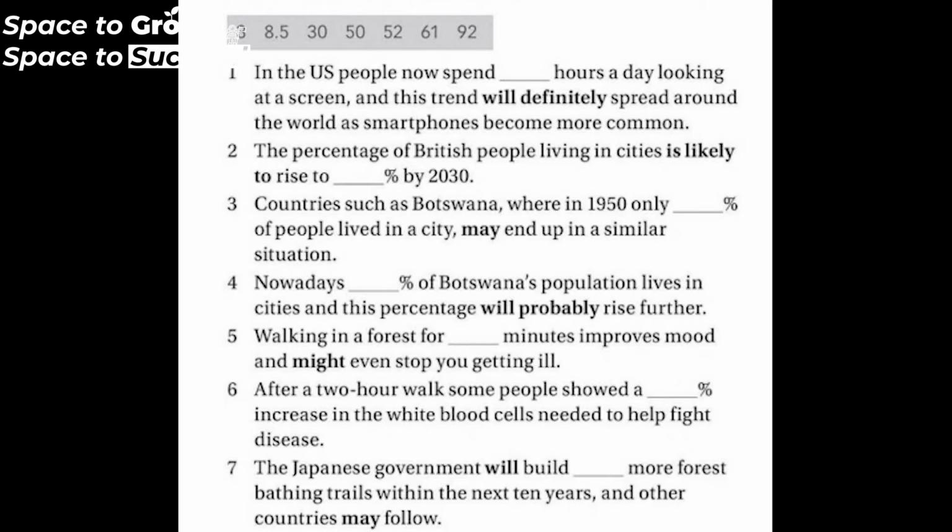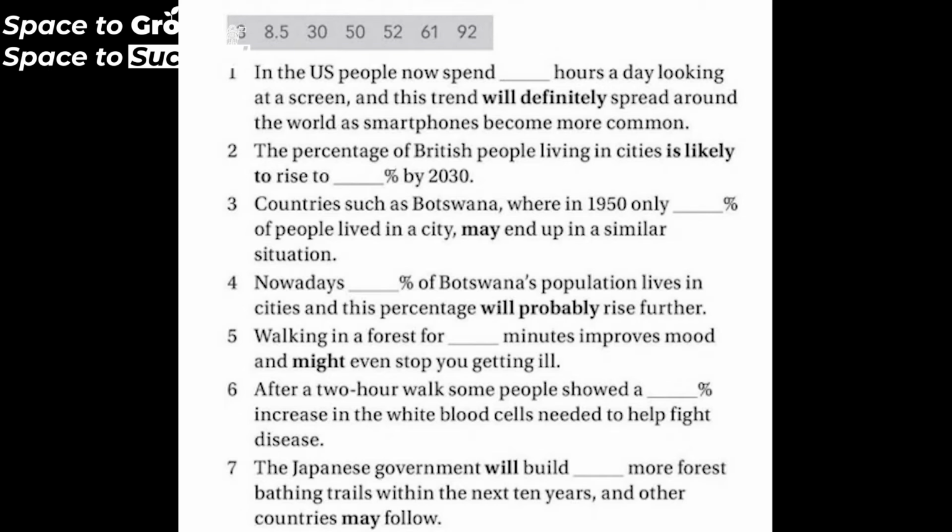Countries such as Botswana, where in 1950 only 3% of people lived in a city, may end up in a similar situation. 4. Nowadays, 61% of Botswana's population lives in cities, and this percentage will probably rise further.